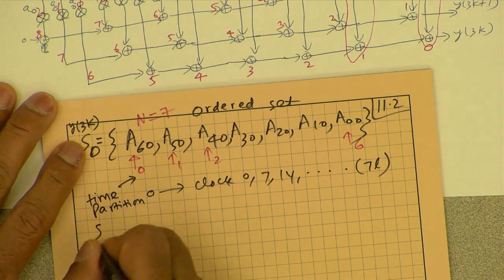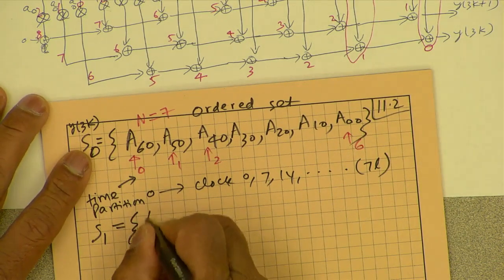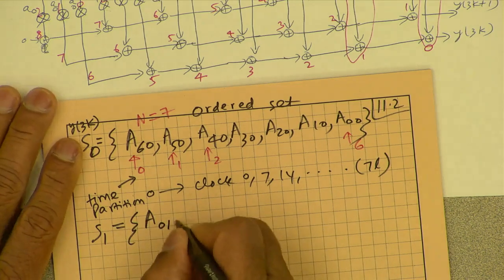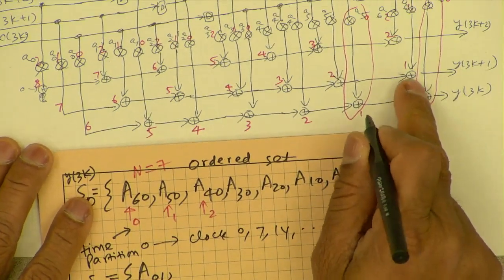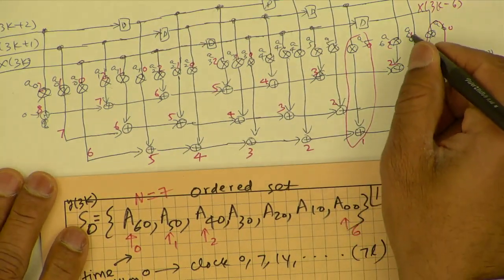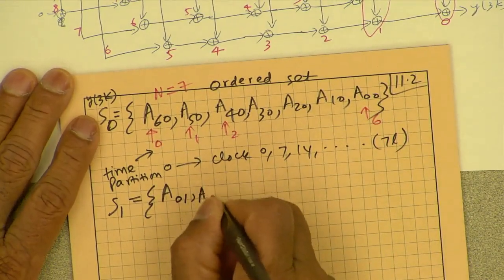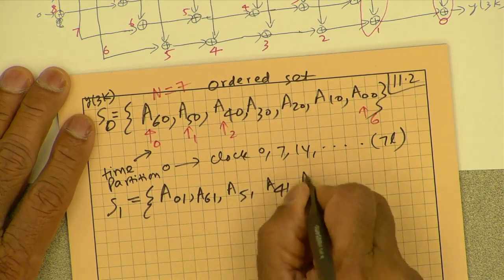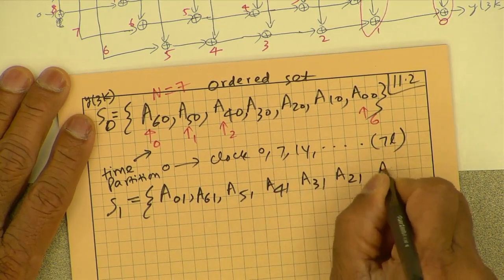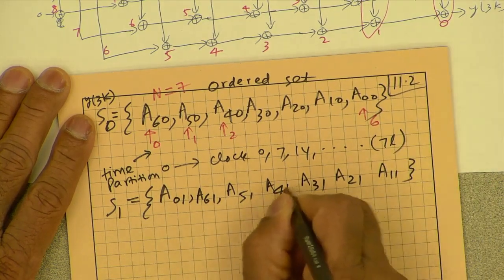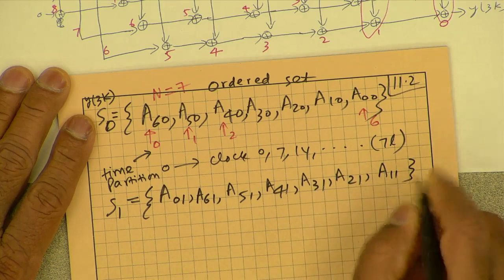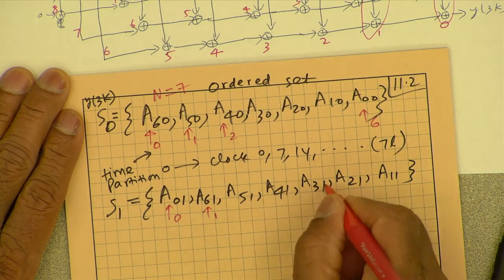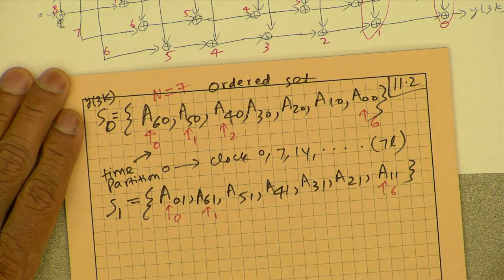So S1 is equal to A01, and then for 1 I come back to A61. Then you just keep writing 51, 41, 31, 21, 11. I already have 01, and these would be time partitions 0 1 2 3 4 5 6.